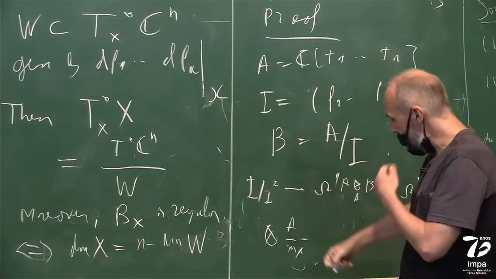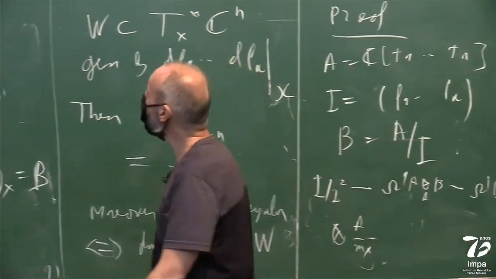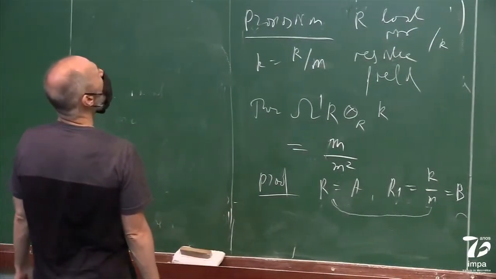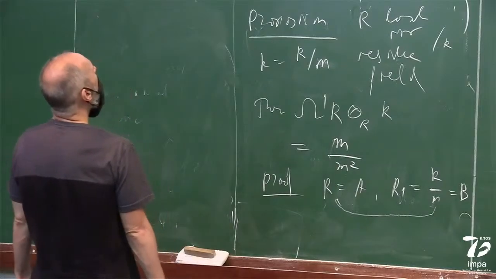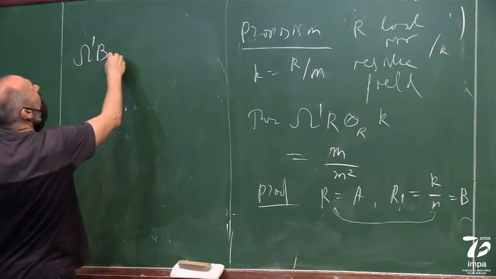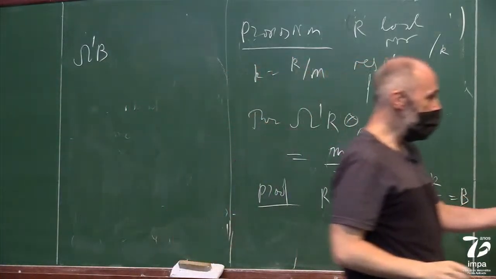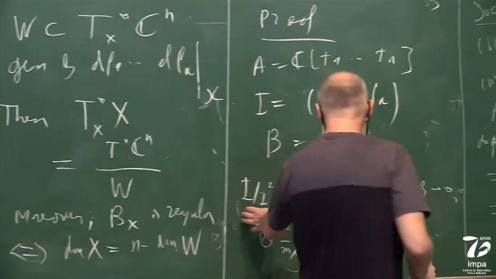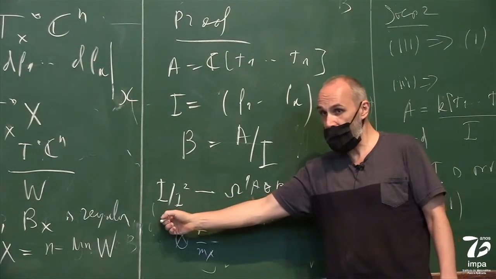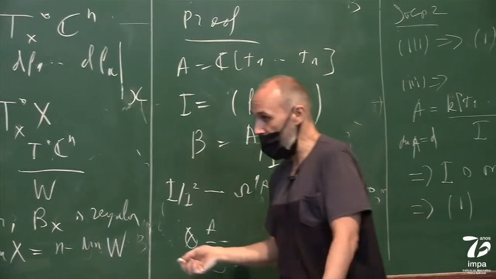Here we consider mx as ideal in A. It's the ideal of this point. Okay. So this gives you omega 1b. And if you multiply an exact sequence by some module, it remains exact. So the exactness breaks only in the first term, where it is not exact anyway, so it doesn't matter.